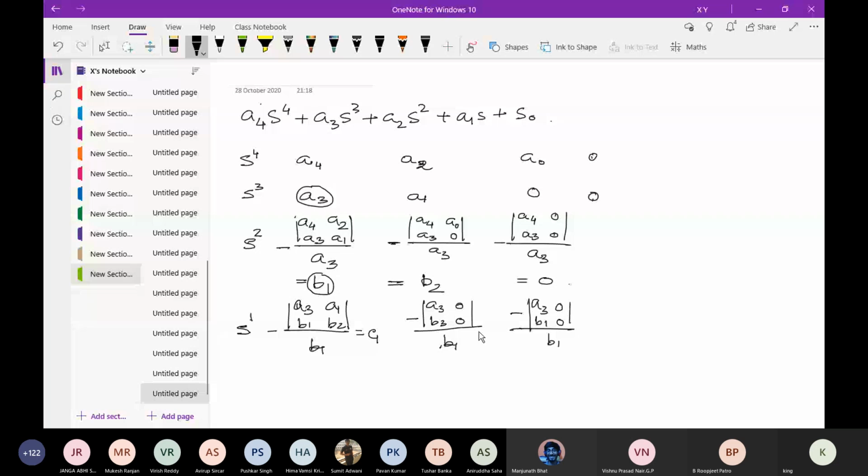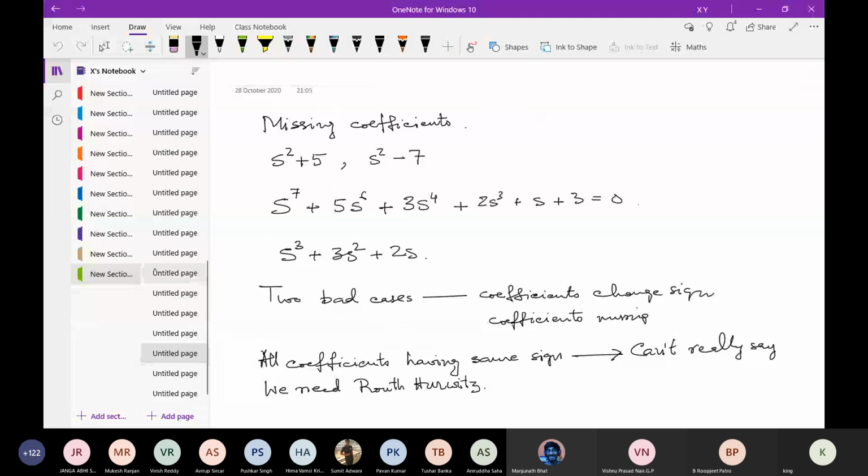So this will be equal to C2, this will be coming out equal to 0 straight away, so we don't need to bother about that.